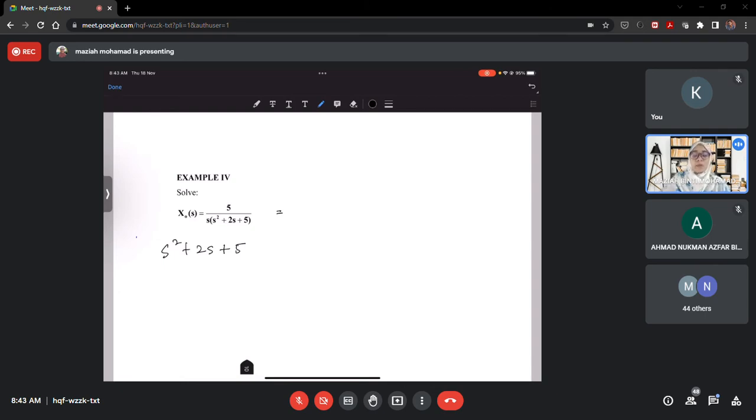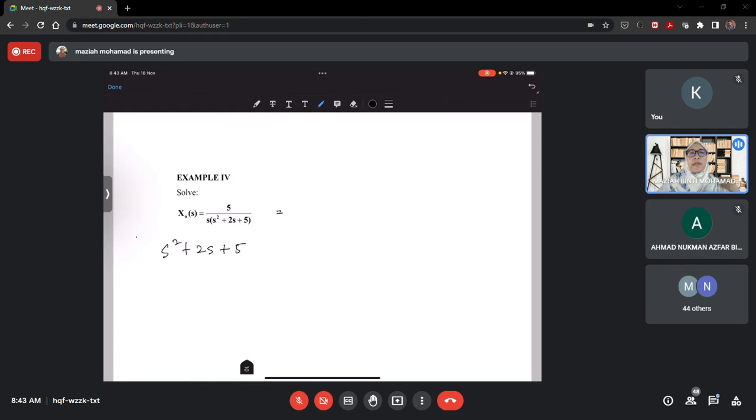Because if you refer to the table, for function number 5 we look at the denominator. We don't really care about the effect of the numerator there. Basically the most important part to look at is the denominator.